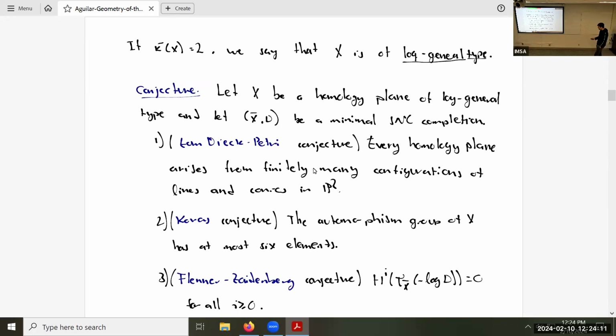And then the Flenner-Zaidenberg conjecture tells us that this H^0 of the logarithmic tangent bundle, so you consider the tangent bundle and you twist it with this minus log D, those are the vector fields that preserve the divisor D, then this should vanish. I'm not sure if this should be H^0 or H^1 bigger than 0 here.